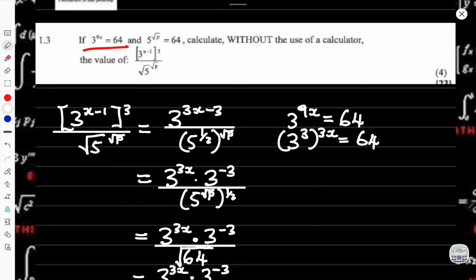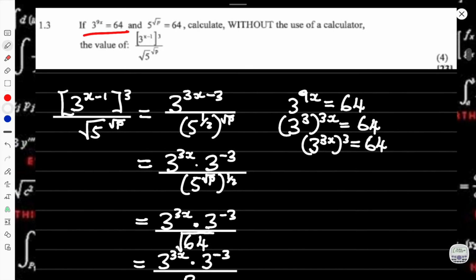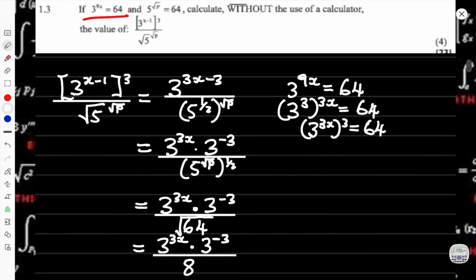And now we can get to 3 to the power 3x, all to the power 3, equals 64.